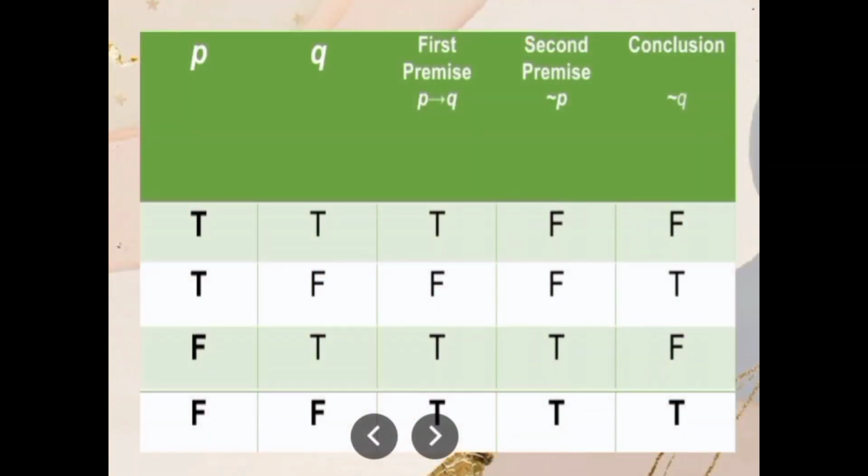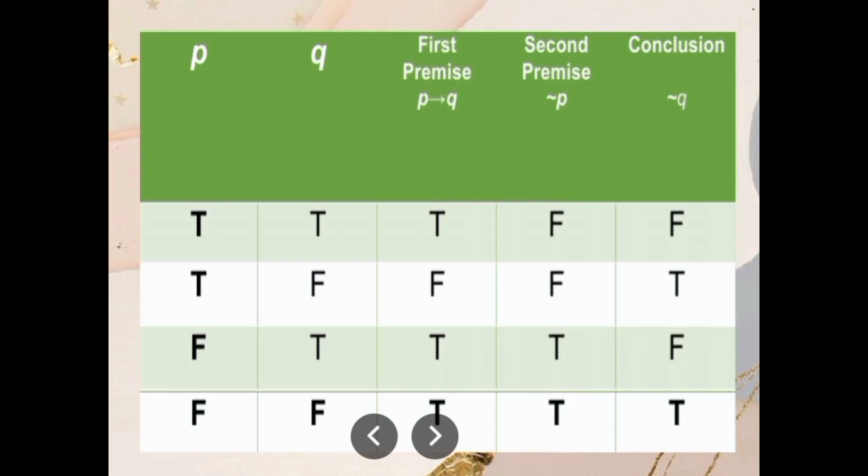So in order for us to evaluate whether our argument is valid or invalid, we will use a truth table. So we have here a table with 5 columns and 4 rows.